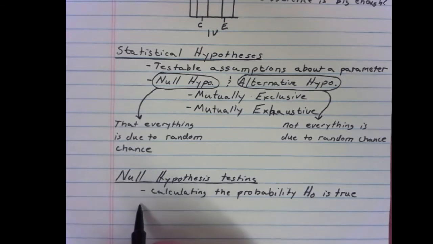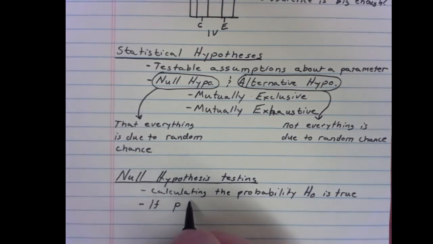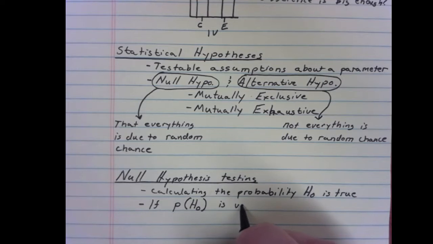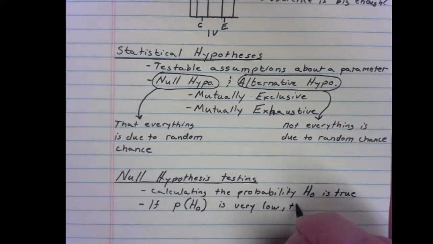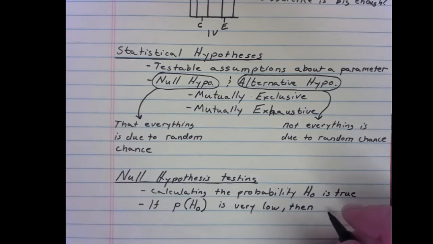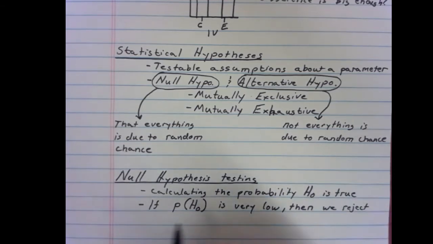So again, to sum that up, if the probability that the null is true is very low, then we reject it. If we reject it, we have to accept the alternative hypothesis.